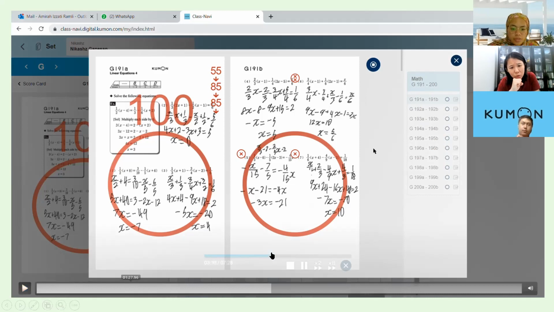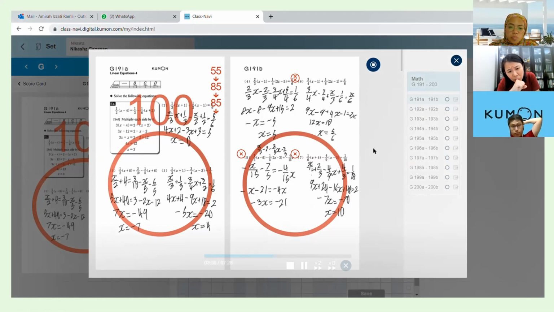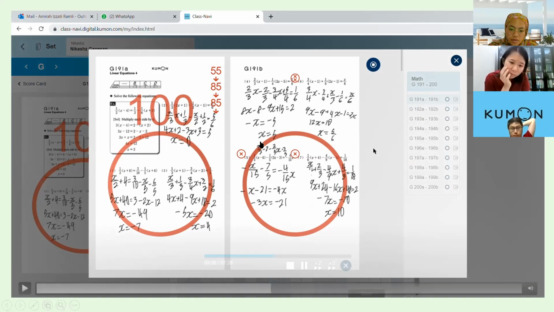Can you see? X over 15 minus 7 over 5. The x over 15 is the above one.